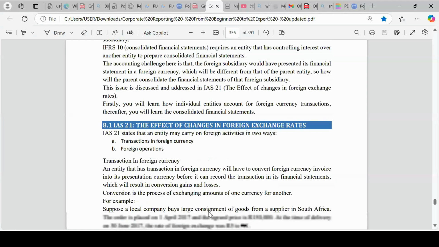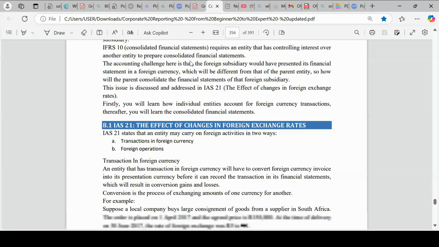For foreign operations, you have a case where there is a subsidiary, an associate, a joint venture, or a branch of a reporting entity, and these activities are conducted in a country or currency other than those of the reporting entity.